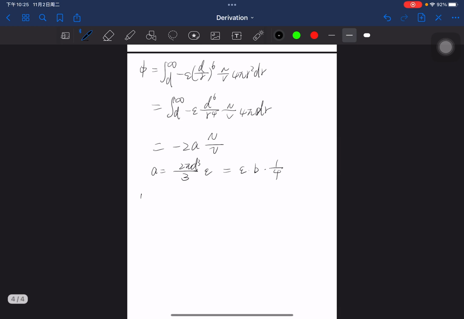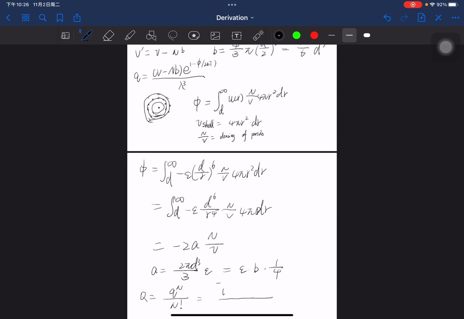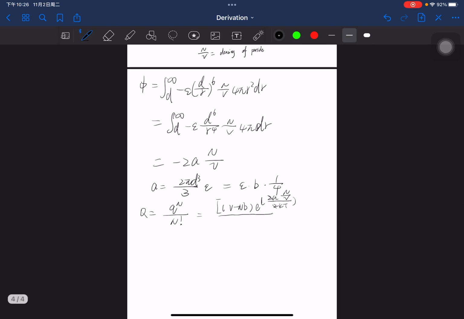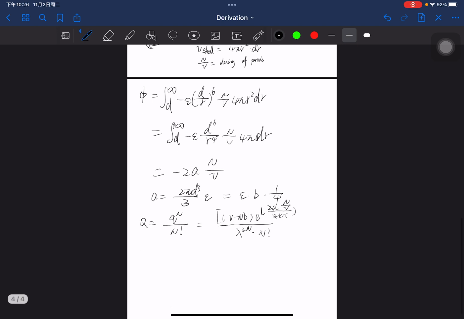Then we can write the partition function, which is q to the N divided by N factorial, which is (V minus Nb) to the N, times e to the 2a N squared over V divided by 2kT, where the 2 just cancels out, divided by lambda cubed to the 3N, times N factorial.